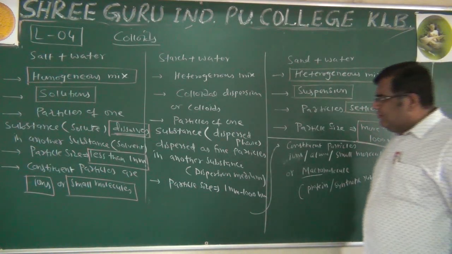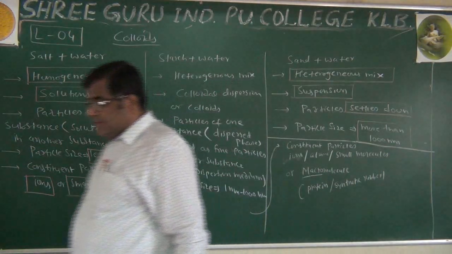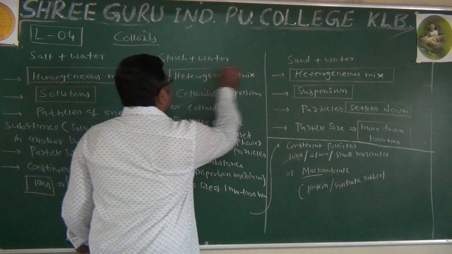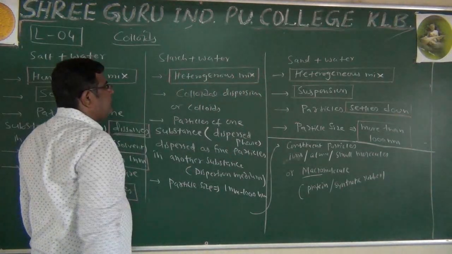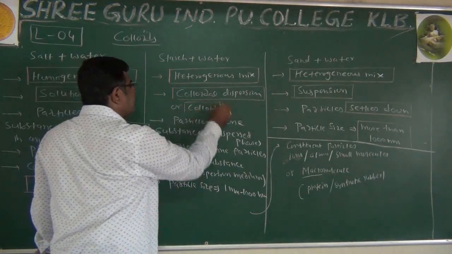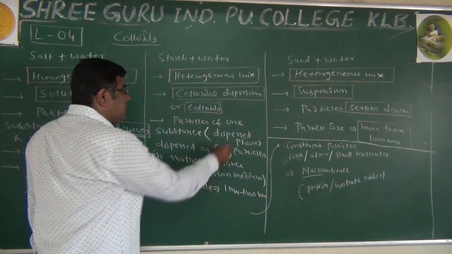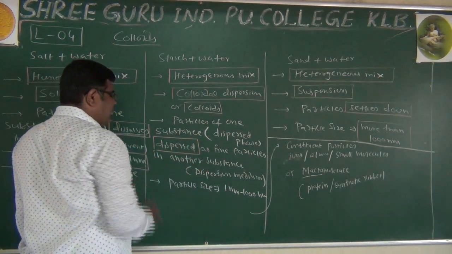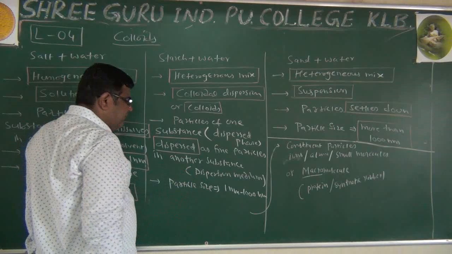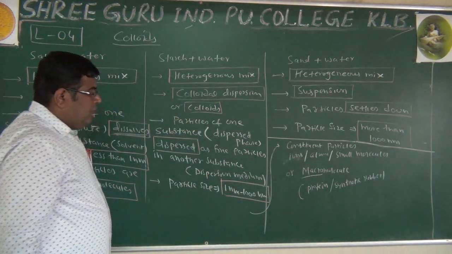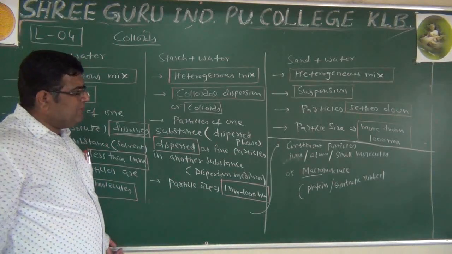So we are dealing with such a system here, which is a heterogeneous mixture. The name we are giving it is colloidal dispersion or colloid. The dispersed phase particles are dispersed in dispersion medium. Particle size is 1 nanometer to 1000 nanometer.